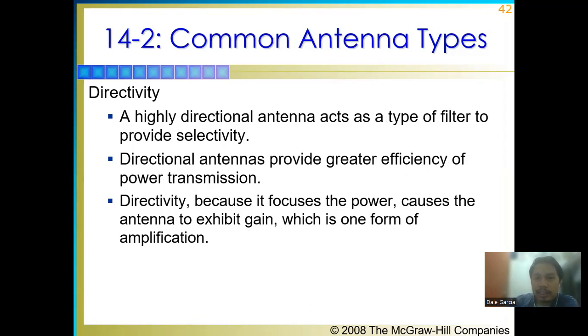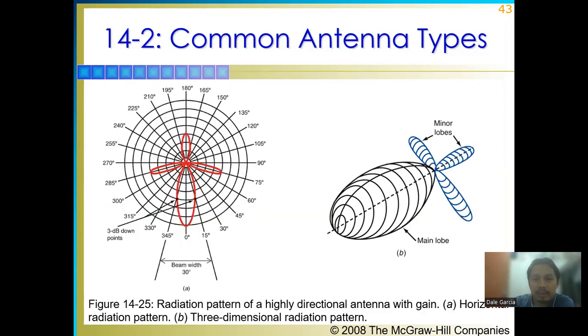A highly directional antenna acts as a type of filter to provide selectivity, and provides greater efficiency of power transmission. Directivity, because it focuses power, causes the antenna to exhibit gain, which is one form of amplification.